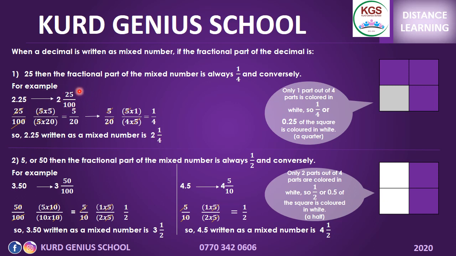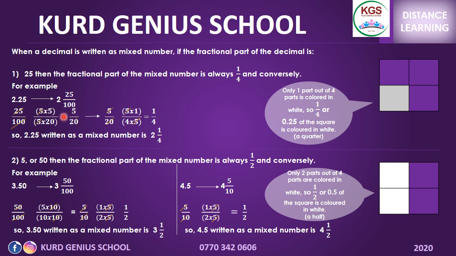So, we said that we should simplify the fractional part of the mixed number. We did this in the previous slide. 5 times 5 is 25 and 5 times 20 is 100. So these two 5s take away each other and the numerator and the denominator of the fraction cancel one another as well. So only 5 and 20 are left.